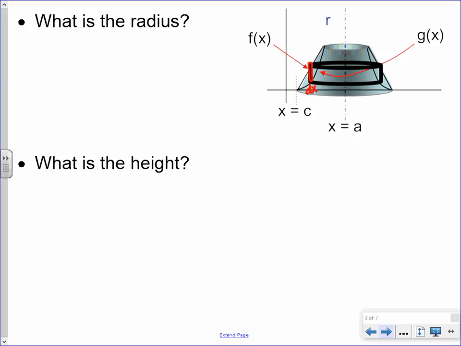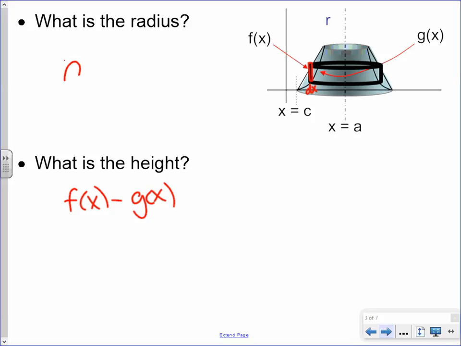Pod 4, does our height change? Does the height of our rectangles change at all? No. Okay, so we're still going to take top function minus bottom function for our height, right? Who has an idea of what the radius would be instead? Connor? A minus x.